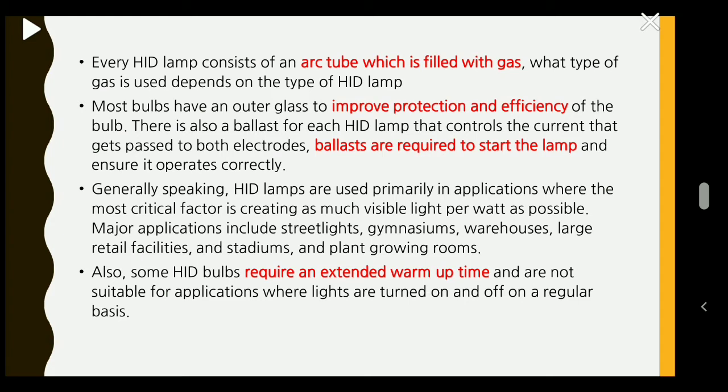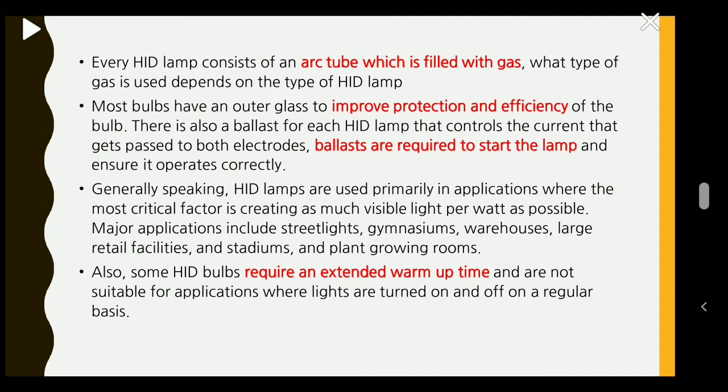Inside the arc tube are two main electrodes, mostly made from tungsten. The tube itself is usually made from quartz to withstand the excessive heat that develops while the lamp operates.